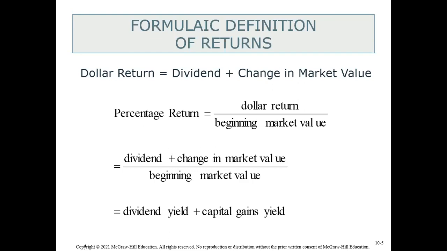Remember, that's our dividend in 1 year divided by the price of the stock today. Capital gains yield would be the price of the stock in that 1 year minus today's price divided by today's price. So that's what we're really calculating here. Dividend yield plus capital gains yield gives us our total percentage return.